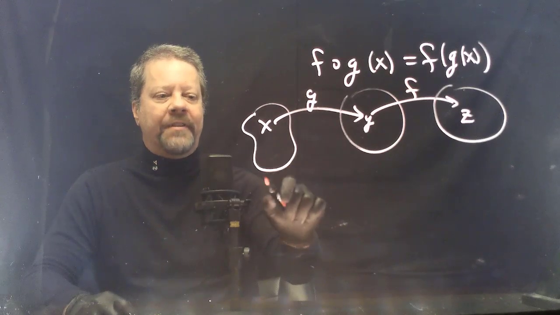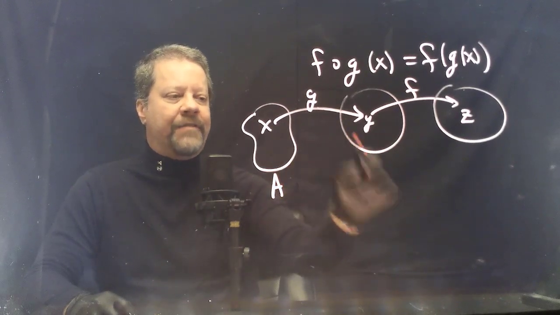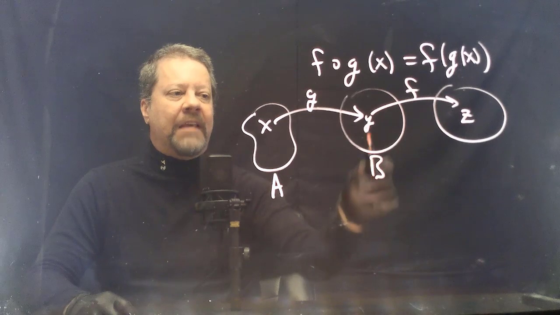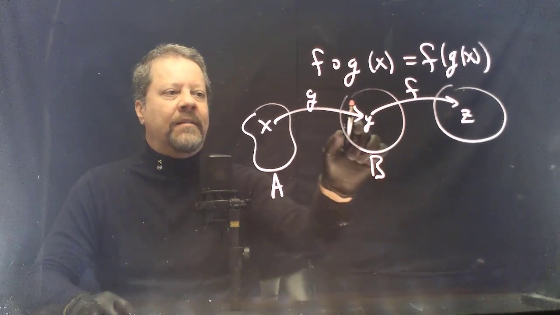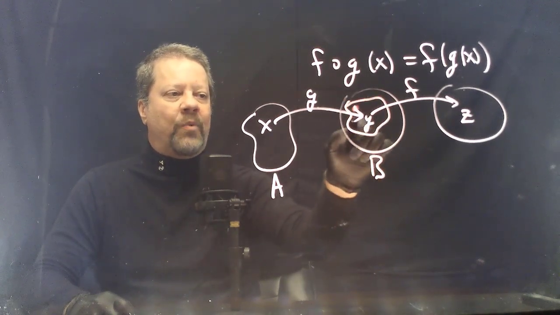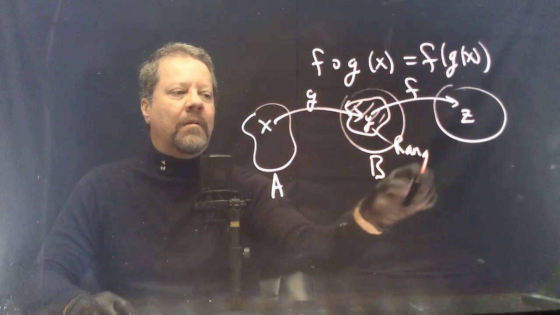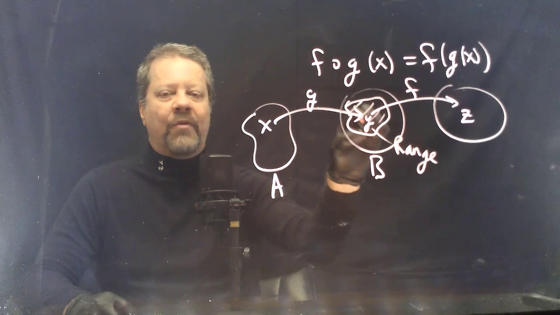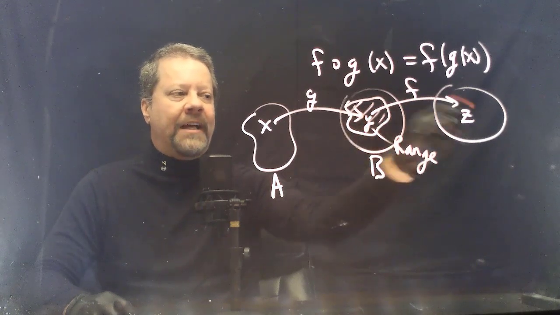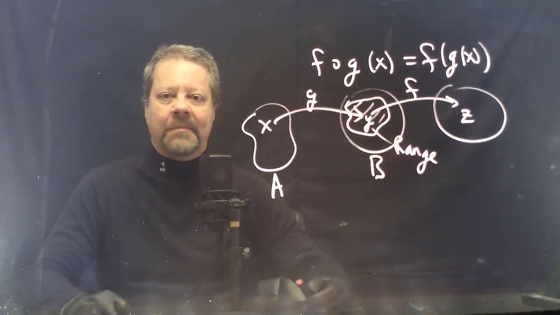So we may have different sets, A for the domain of g, B for the codomain. The codomain has some range inside of it, and then that range has to be in the domain of the function f in order for it to output anything.